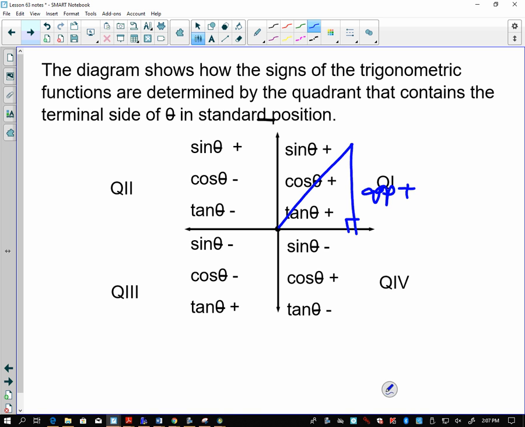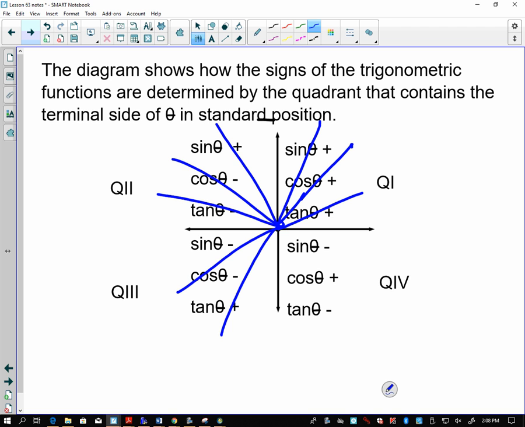The terminal side is this blue line, and it can be drawn here, here, all of these can be terminal sides. The initial side is always that red line. Does that make sense?